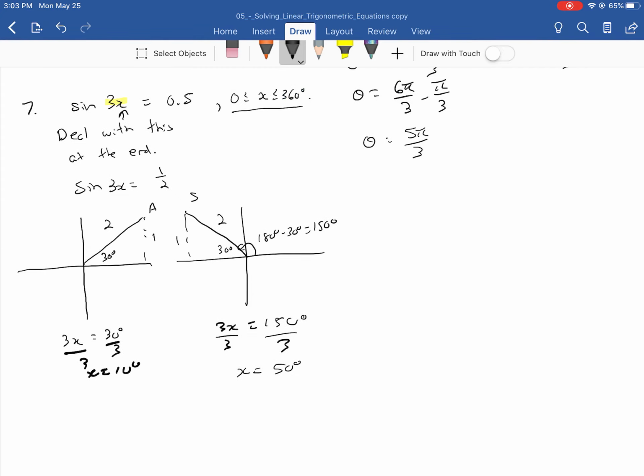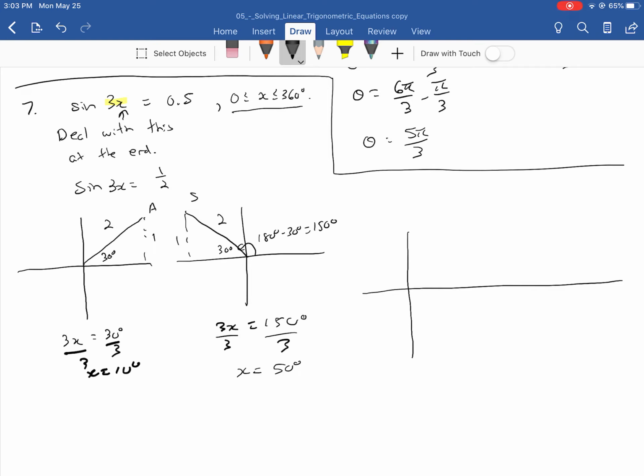Now, if that was all there was to this question, it would be pretty simple. But there's another part to this. I went back to getting answers between 0 and 360. And what I want to do is draw a little sketch of what I've got here. This graph here is sine of 3x. So what that means, if I were to draw it, it wouldn't have period 360. It's been compressed by a factor of 3.